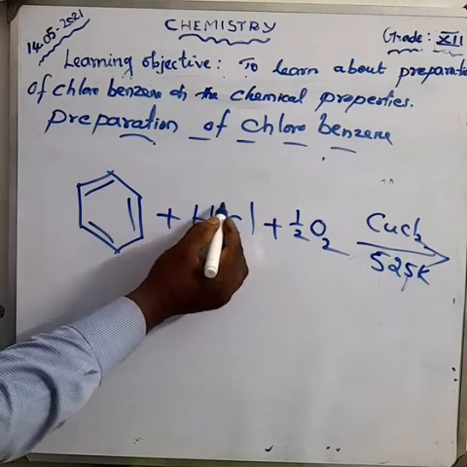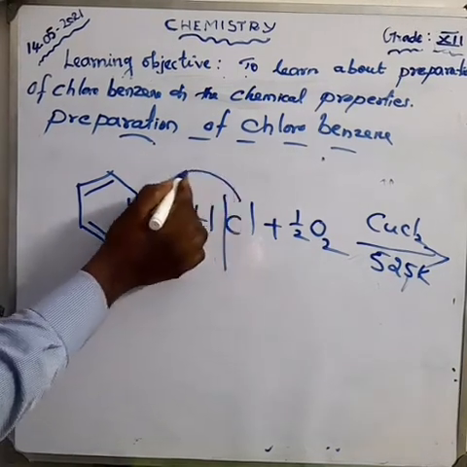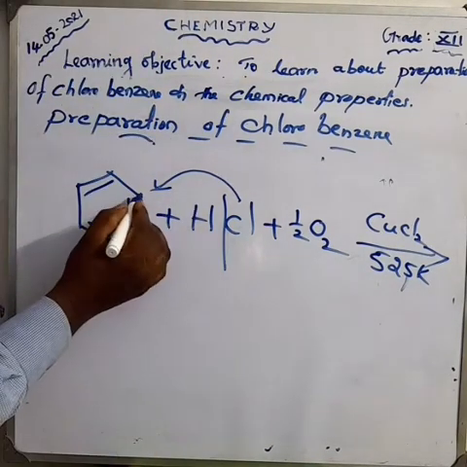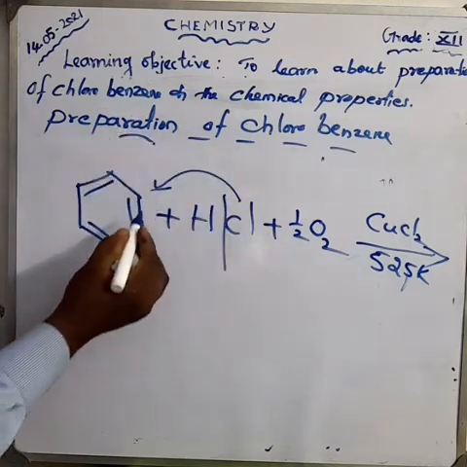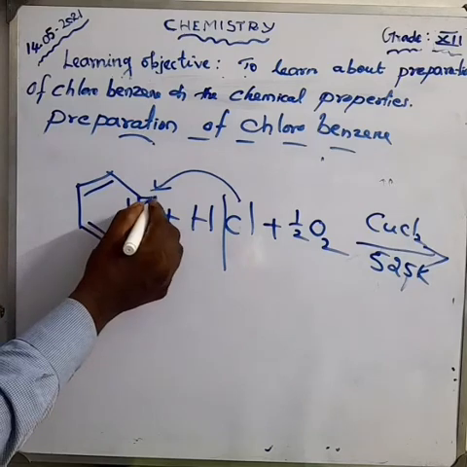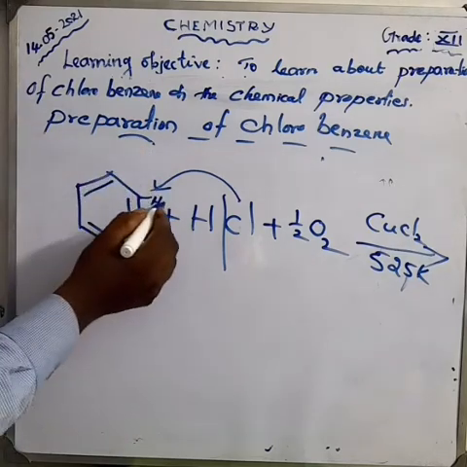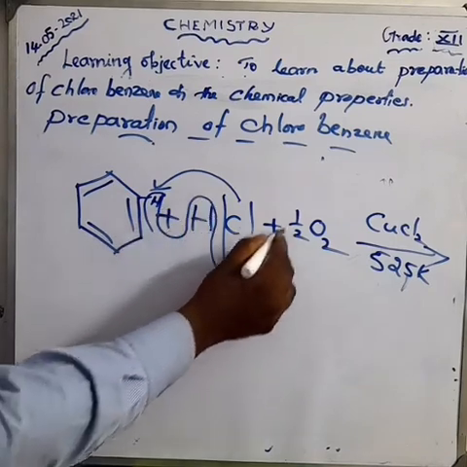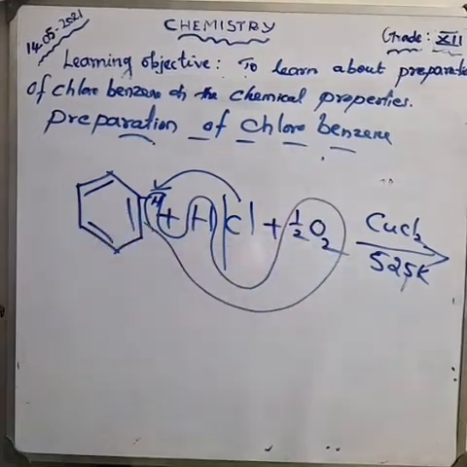Here, this chlorine atom needs to attach to the benzene ring. So what is happening here? One of the hydrogens must leave. Where the chlorine attaches, there is carbon and hydrogen, so this hydrogen must leave. This hydrogen combines with the hydrogen from HCl and with oxygen to form water.